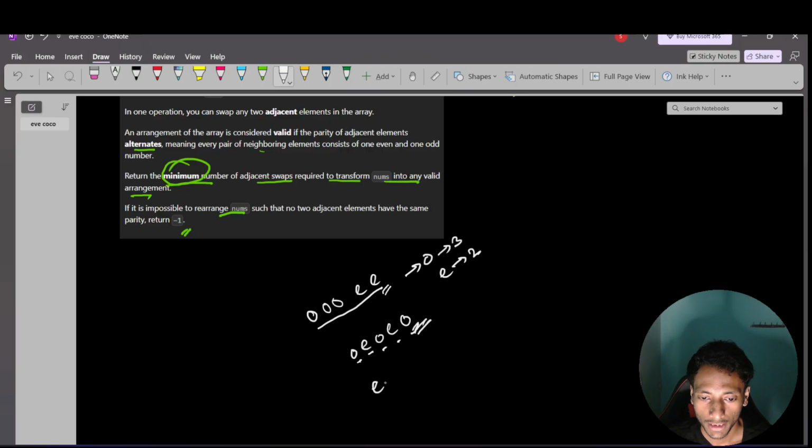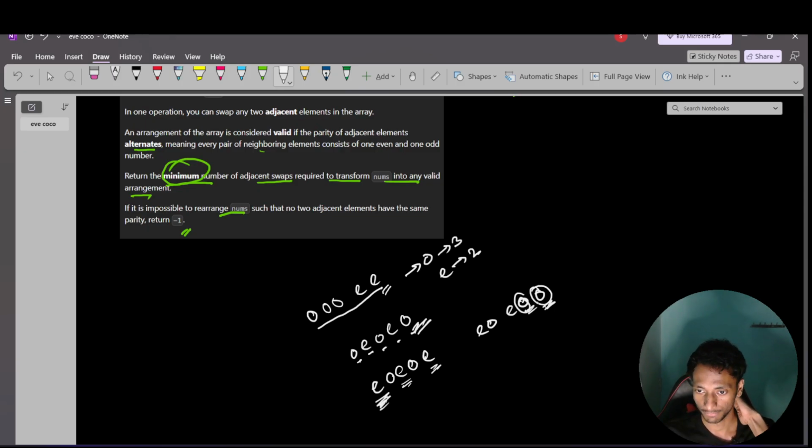Now, could I start with even, odd, even, odd, even? It is not possible. Why? Because if it starts with even, then we need 3 evens, but we have only 2. If I start with even, odd, even, odd, there is still one odd left. Can this be placed with alternate parity? No, because odds would be present consecutively. So this is not a valid combination.